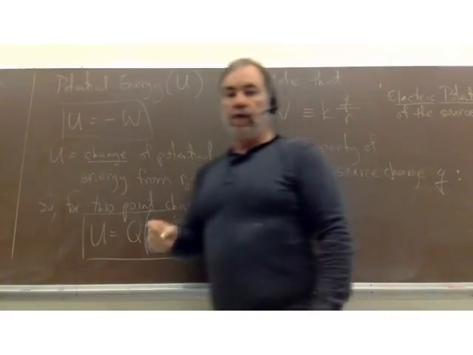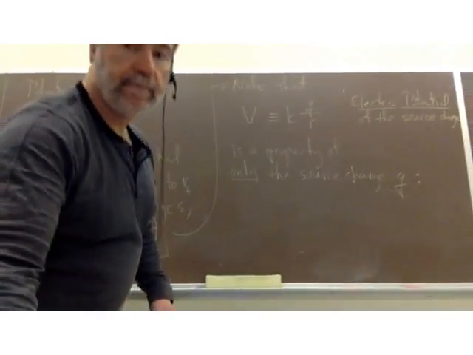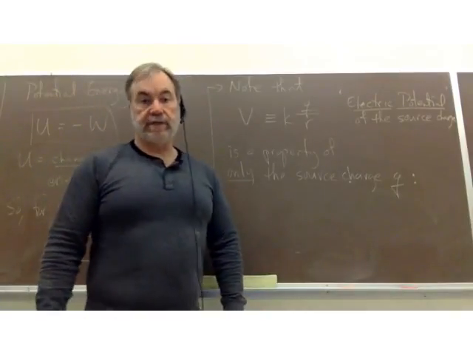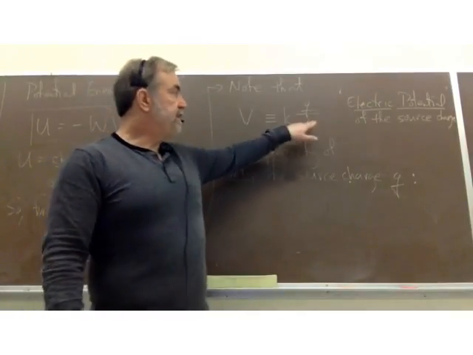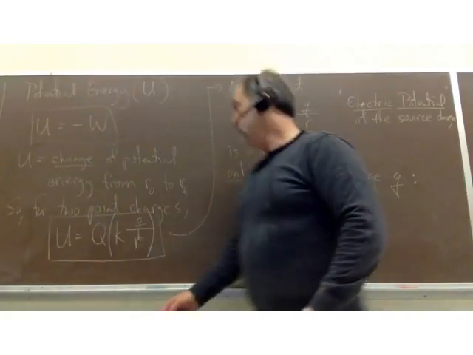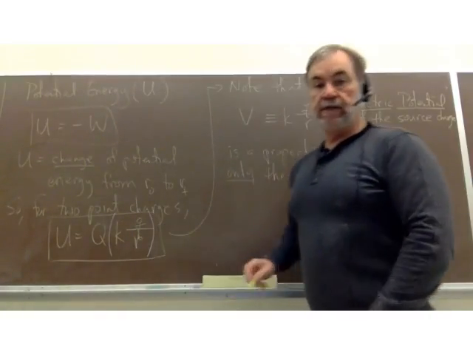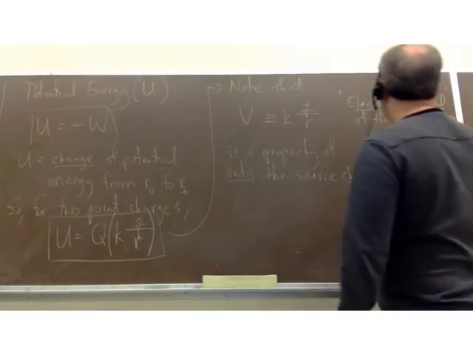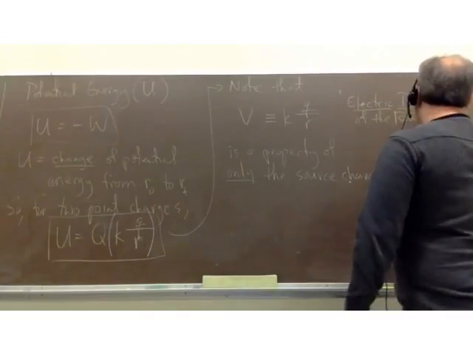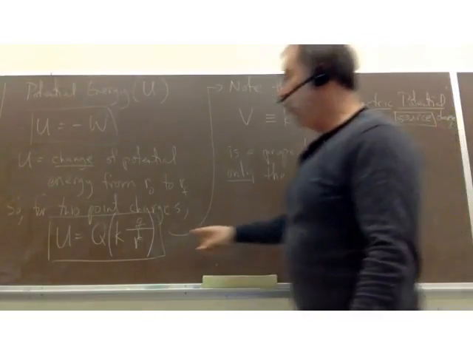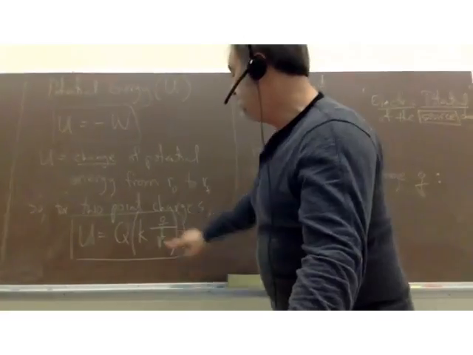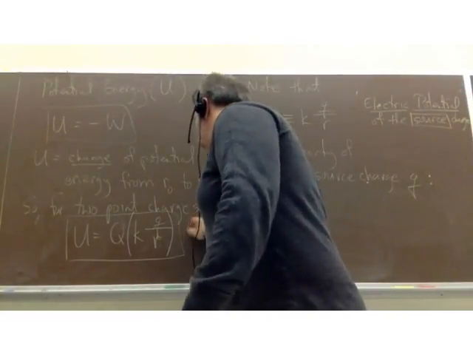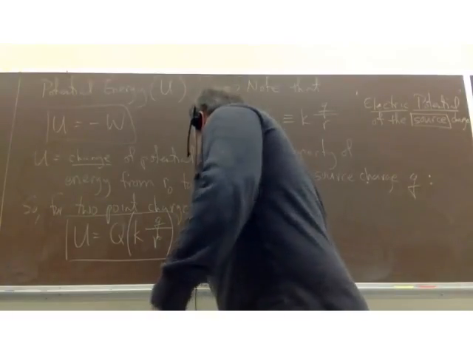Electric potential. And the reason that's the world's stupidest name is, of course, because it is terribly, terribly easy to confuse V, the electric potential, with U, which is the electric potential energy. But this is the electric potential of the source charge, whereas this is the potential energy of the test charge.